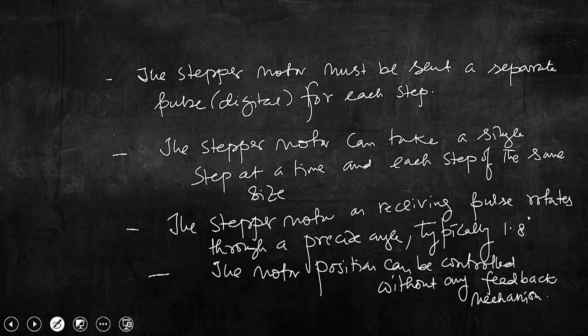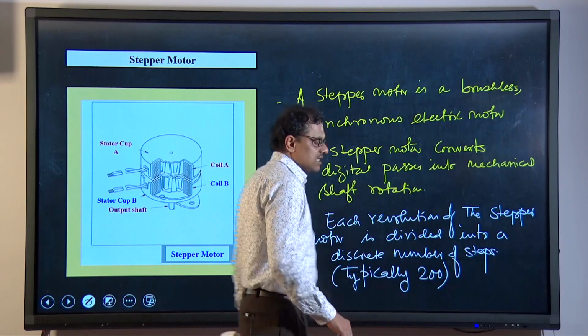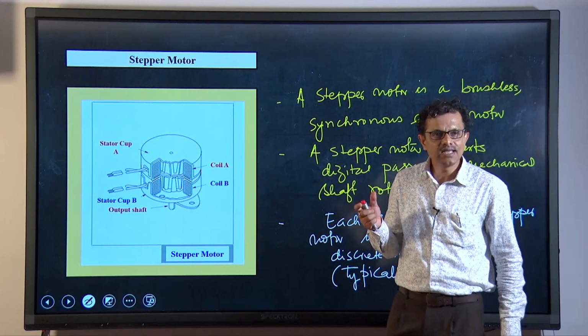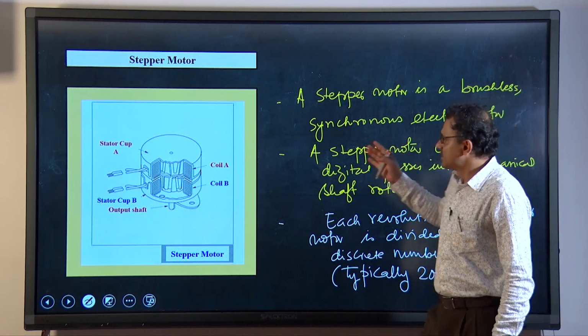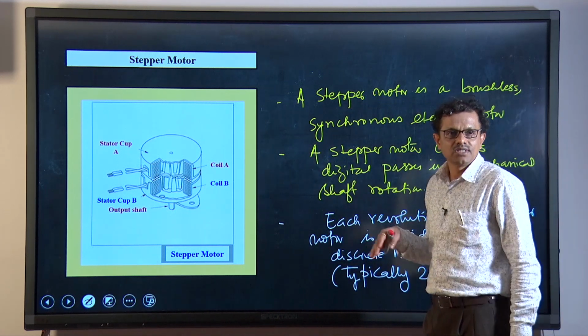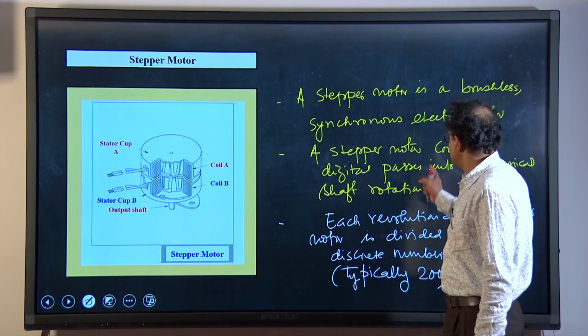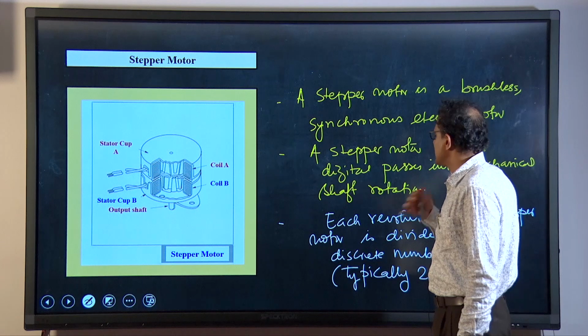Right. So, if we now go back to the previous slide, what we can see is that a stepper motor, which is again a brushless synchronous electric motor, is used as an actuator. So, let us discuss the operational procedure. A stepper motor can convert digital pulses into mechanical rotation.